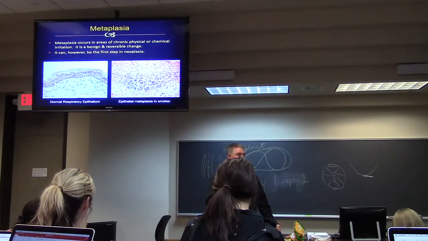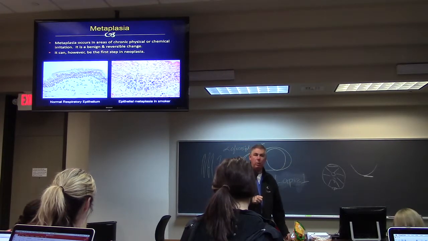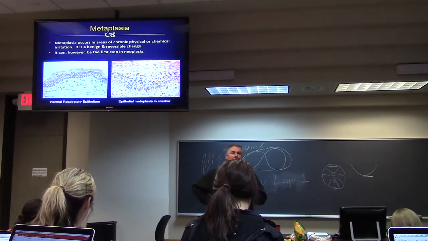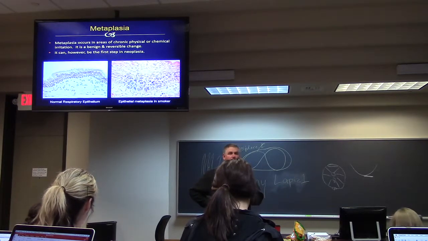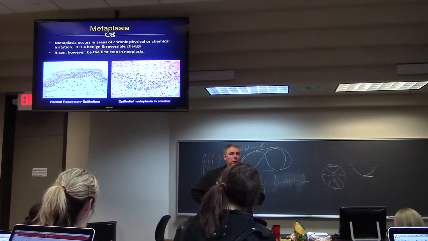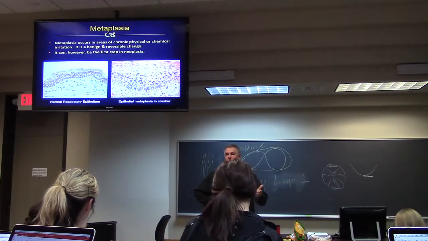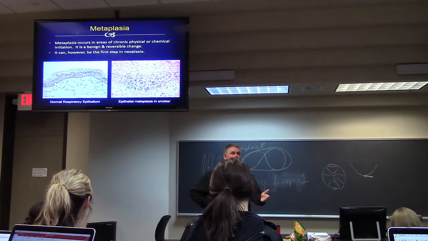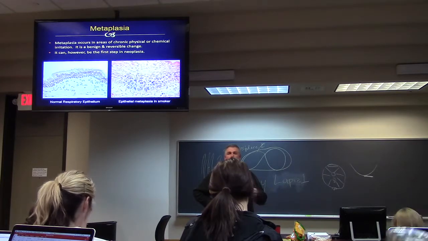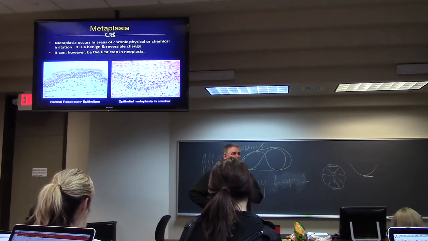One of the best examples of this is in a chronic smoker or a chronic alcoholic. At the base of the esophagus, just before it enters the stomach, you see metaplasia occur. This happens mostly in alcoholics, and you don't even have to be an alcoholic. If you just drink to excess without being a full-blown alcoholic, you can wind up with metaplasia of the distal esophagus.